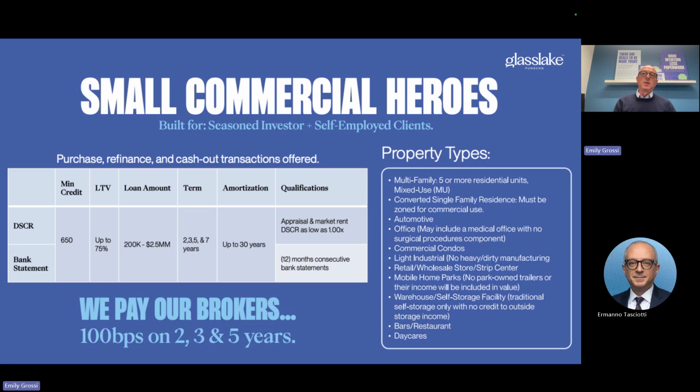Bank statements are a way that we determine income, depending on whether it's an investment property or an owner-occupied property. Credit is very important to us. So we need a minimum credit score of 650. We have found that when you maintain a credit score of 650 and up, it works. The deals tend to be a lot stronger, despite maybe having some other challenges. Remember the triangle? As long as the covenant, the credit, is at 650, we might be able to manage some of the weakness in the other 2 points.